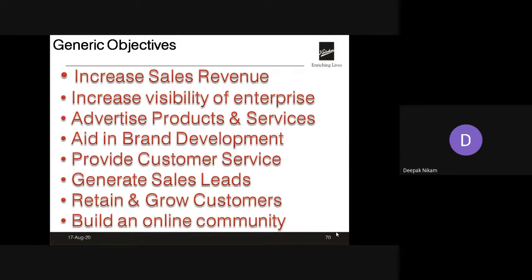And then you have visibility of your company. You have the platform to advertise your products and services. This is the best tool for brand development. And you have a lot of content here that is generated by people who are working within the company, which can be used for absolutely free.